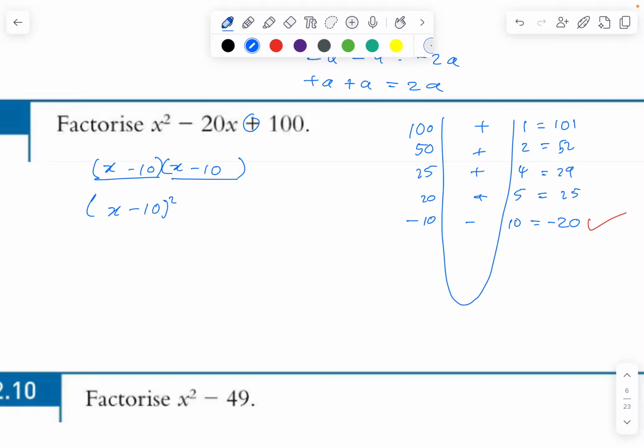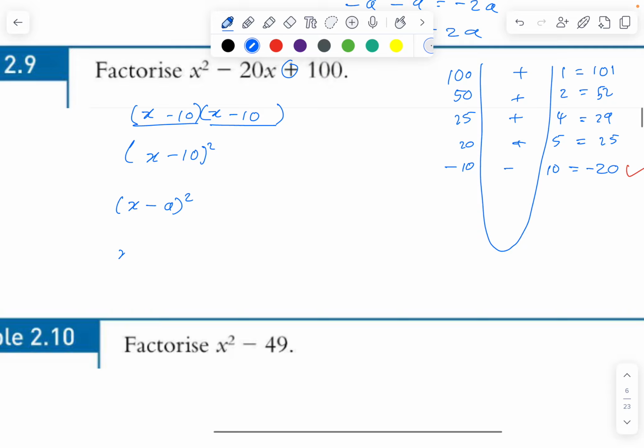And this is a nice fact actually, because now we know that if we have something like x minus or plus a, squared, we can actually expand it and say we have x squared minus 2ax plus a squared.